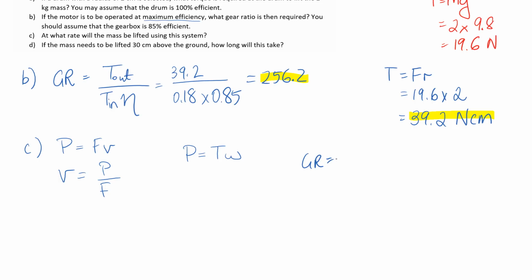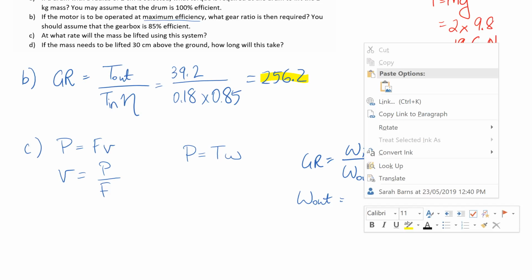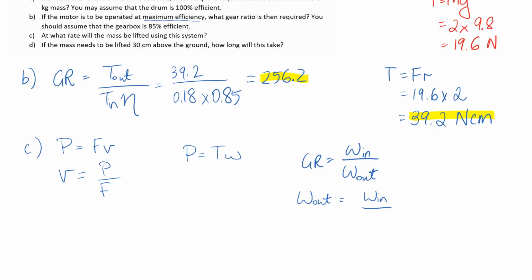I'll start it off with gear ratio. So the equation here is the gear ratio is going to be equal to the angular velocity into the gearbox divided by the angular velocity out of the gearbox. Now we want to find out the output, so I'll rearrange this, and we get that it's going to be equal to omega in divided by the gear ratio. So we can substitute in.